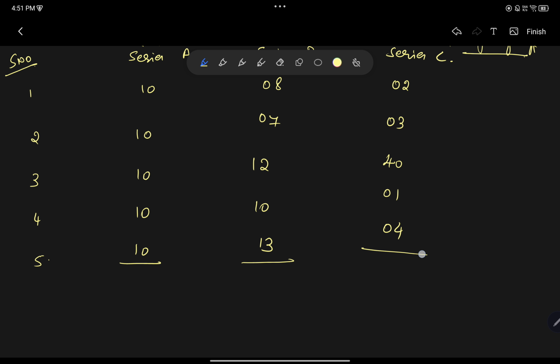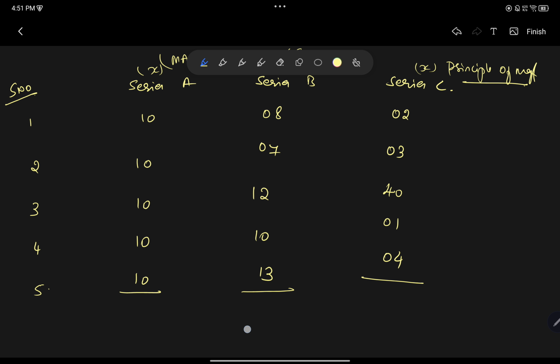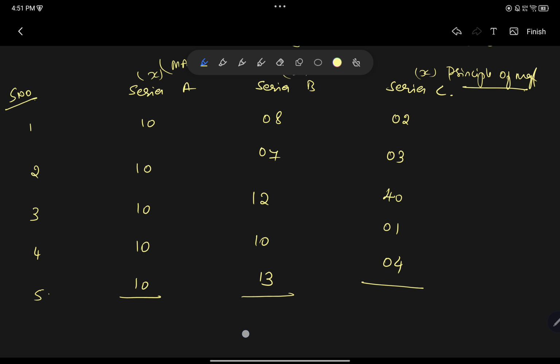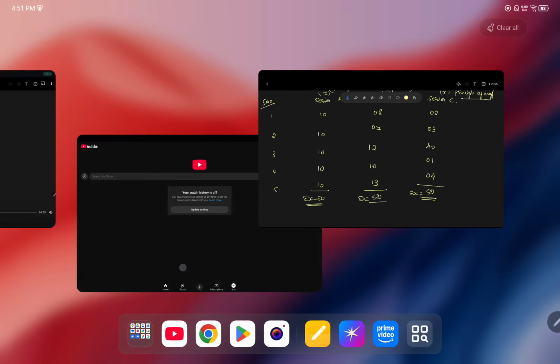If you take the total marks of the students, you see the total is 50 here. Summation of x is 50 here. Here also the total is 50. Here also the total is 50. Summation of x.